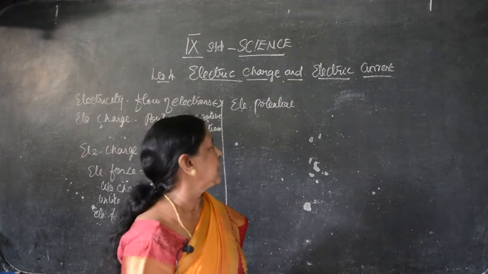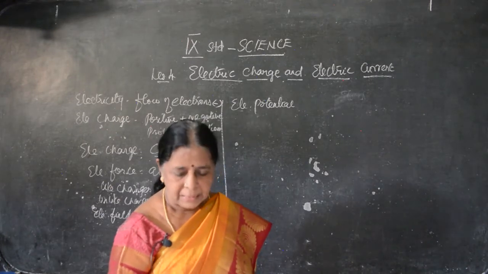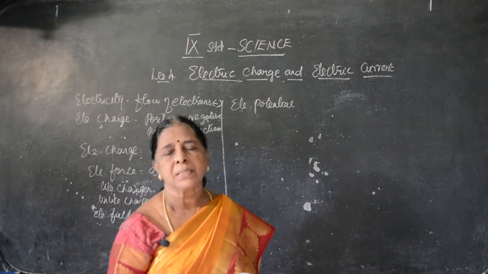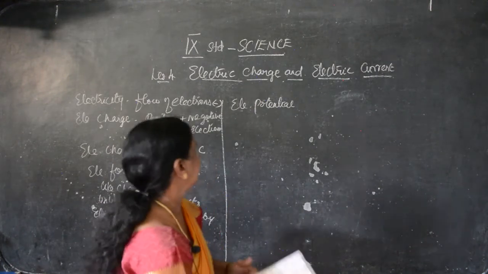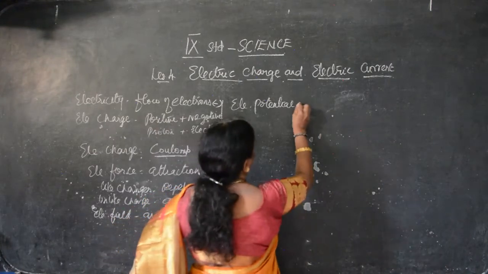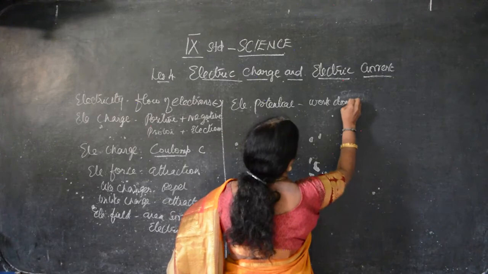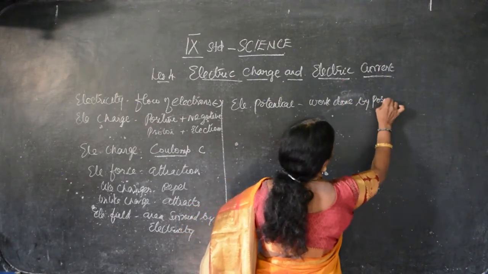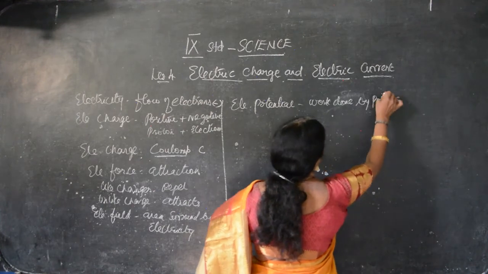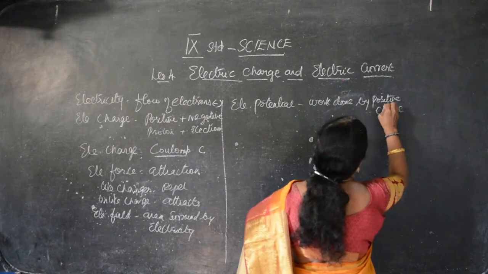So electricity is produced by the battery. Then we have to say direction of the current. Direction means what? Current flows in which direction? Electric potential, I say, is the work done by positive charge. It is known as potential.